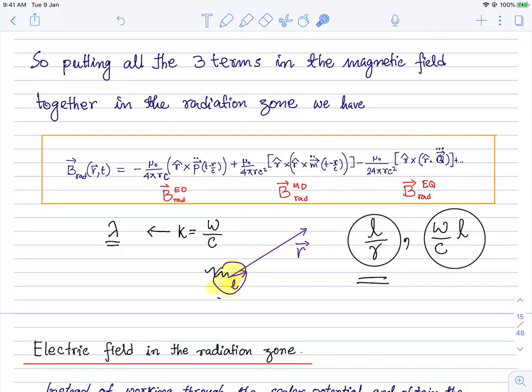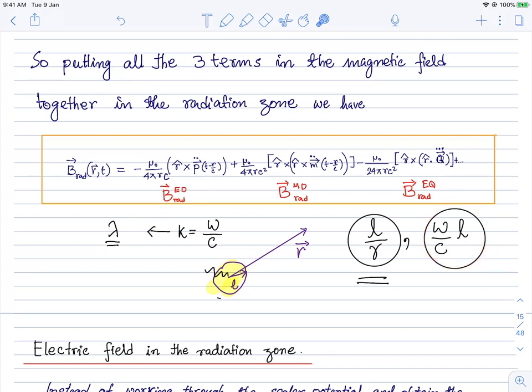Okay, so in this way, these higher and higher multipole moments also contribute to radiation fields in the sense that they have this 1 over r dependence. So as far as L by r is concerned, they are the same order, but they are suppressed with this other small parameter in the problem.